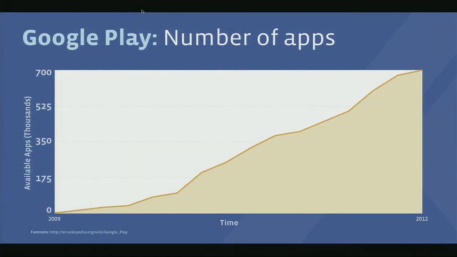We're seeing the same phenomenon happening inside of the Android ecosystem as well. 700,000 applications on Android. Your app or several of your apps is one of those applications inside of that sea of 700,000 apps inside of Google Play. Not only are we seeing a huge amount of content being created, but we're seeing the total number of devices.